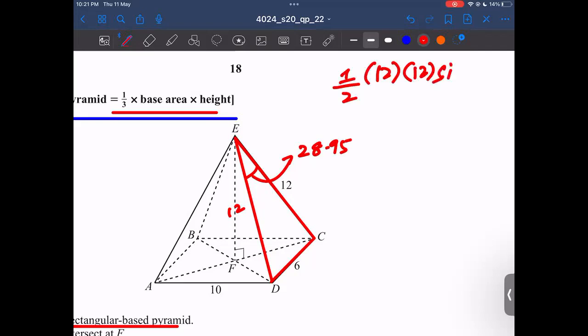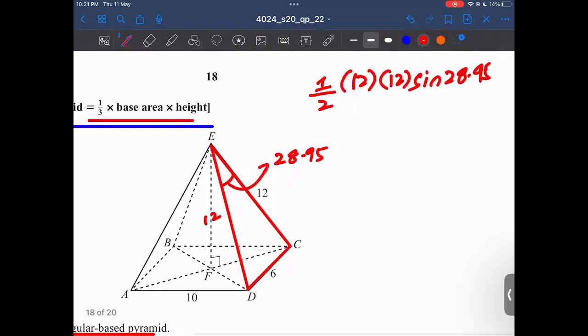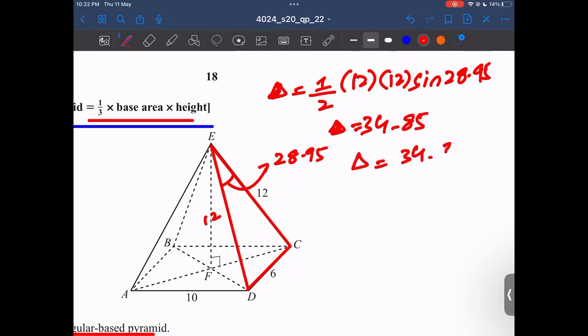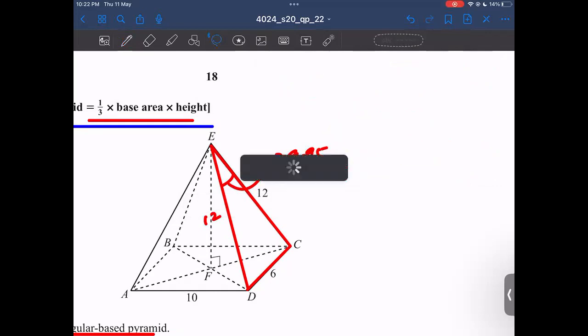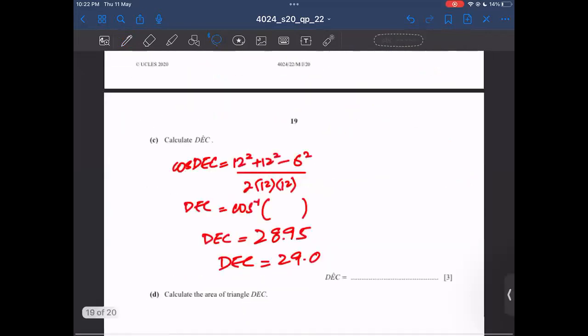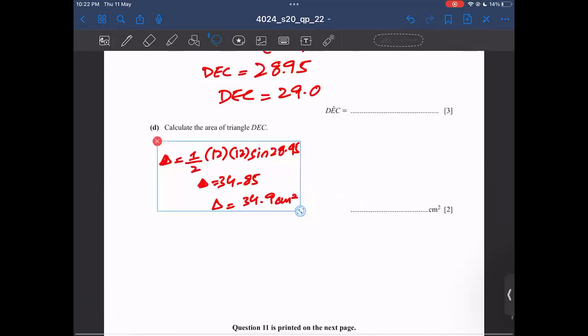So 1/2 into 12 into 12 into sine 28.95 is 34.85. Up to 3 significant figures, it is 34.9 centimeters squared. So I got the area 34.9.